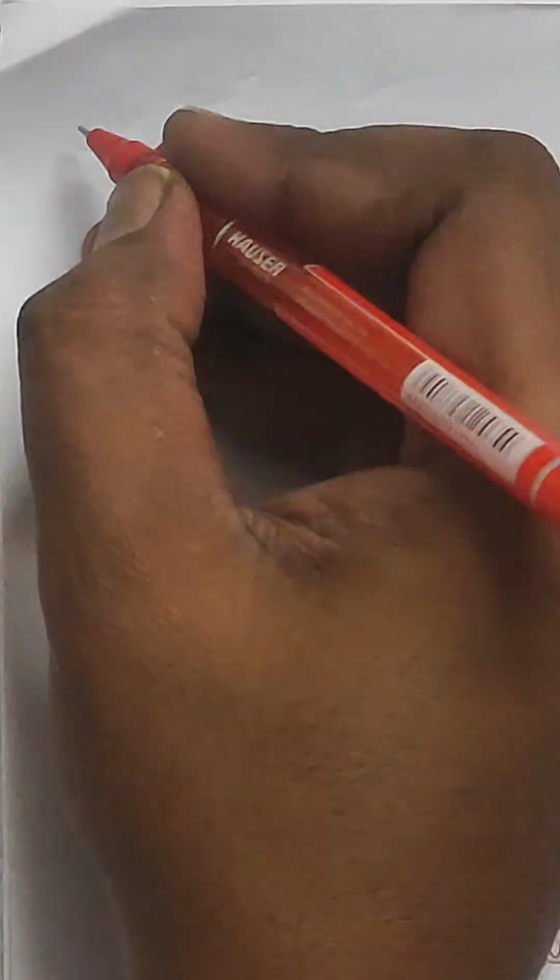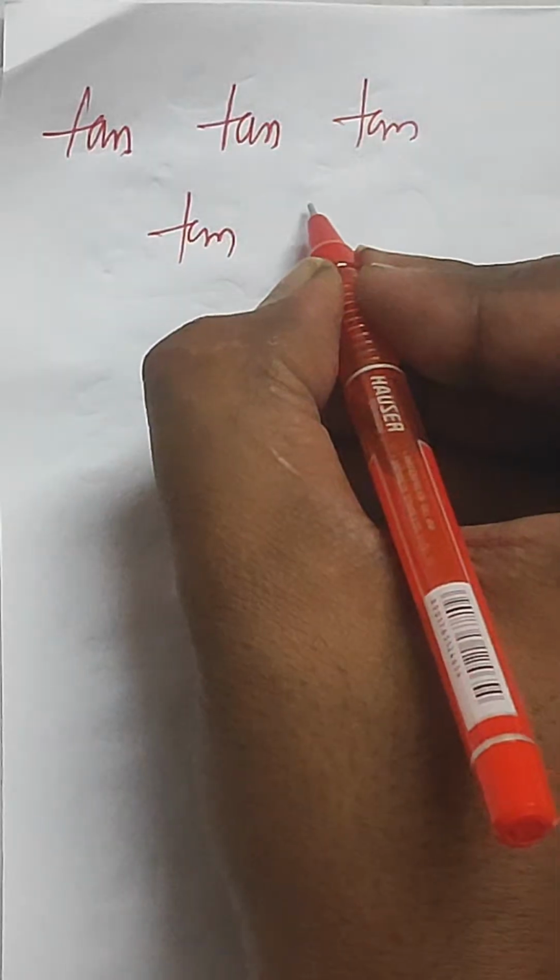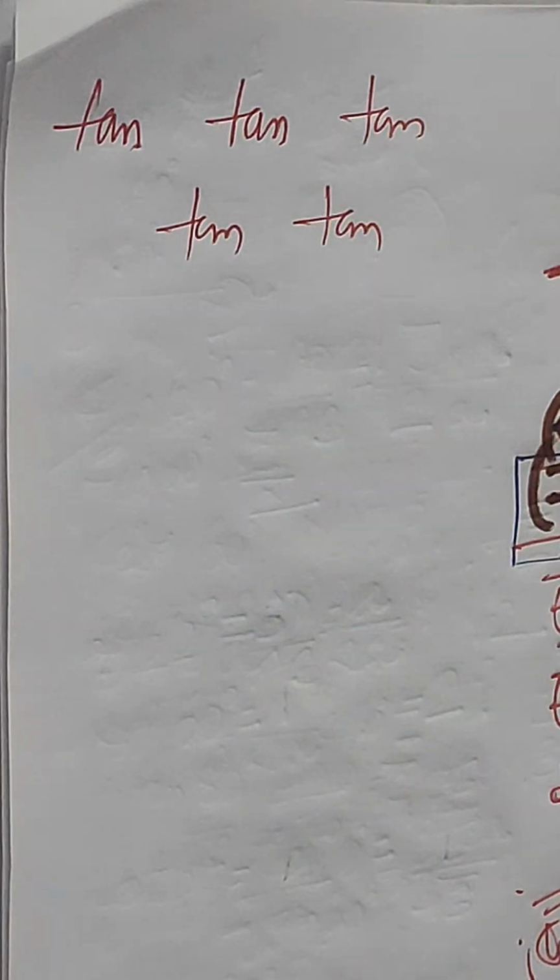Thanks for your patience. So here the question is that tan of 20 degrees, then tan of 35 degrees, then tan of 45 degrees, then tan of 55 degrees, and tan of 70 degrees. So I'm writing all these angles.